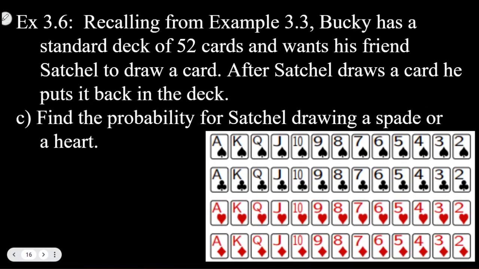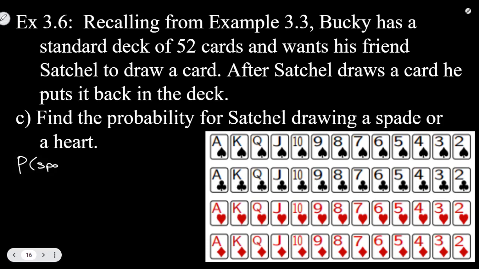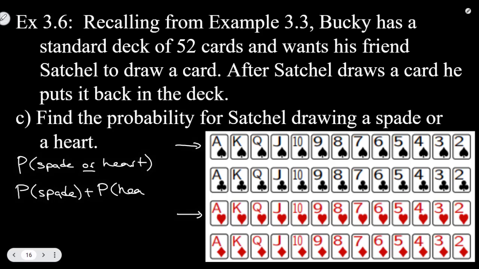Now, find the probability for Satchel drawing a spade or a heart. This is an or statement, and the spades are all right here, and the hearts are all down here. So these are disjoint events. That means we can take the probability of a spade plus the probability of a heart and just add them together. We already did the probability of a spade. It's 1 out of 4.